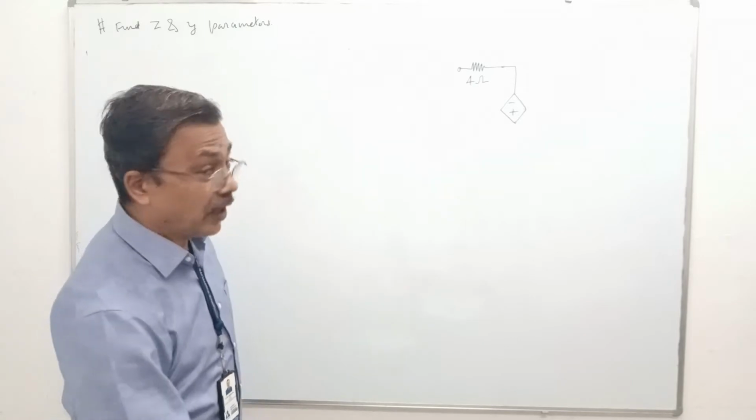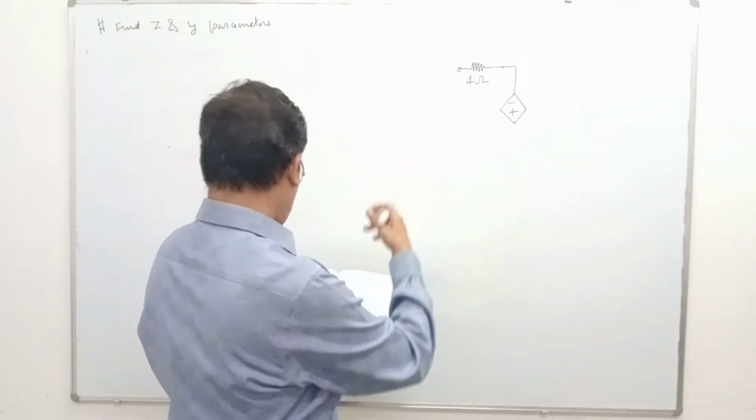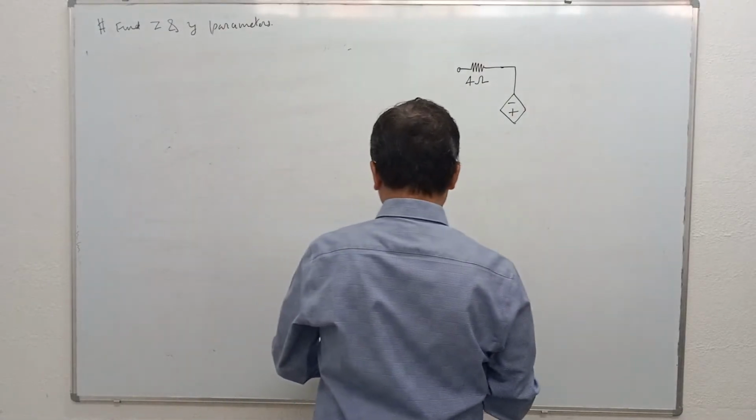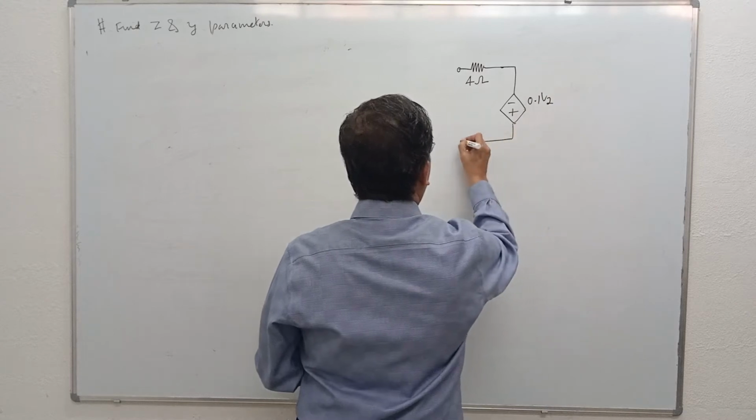Next problem, find Y and Z parameters once again. The problem is 4 ohms in series with dependent voltage source 0.1 V2.